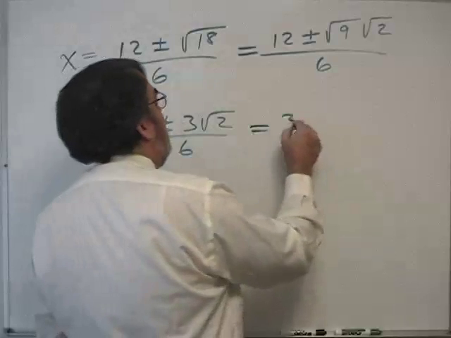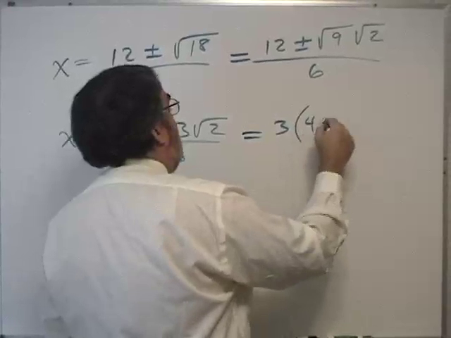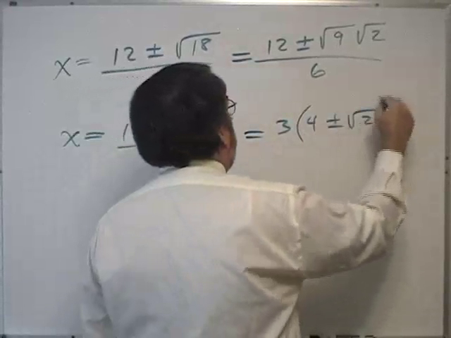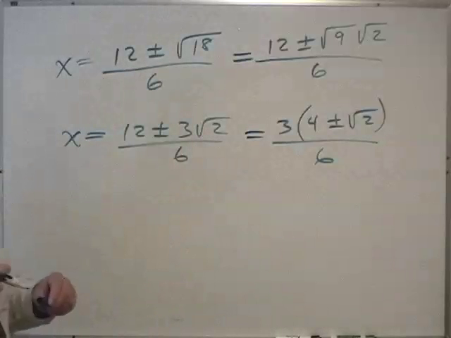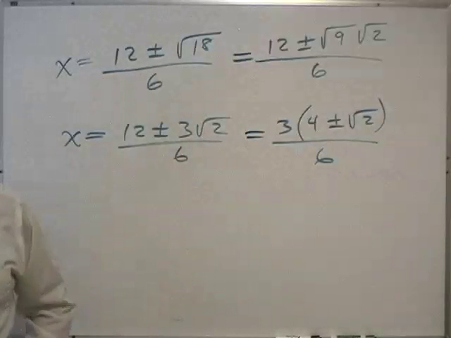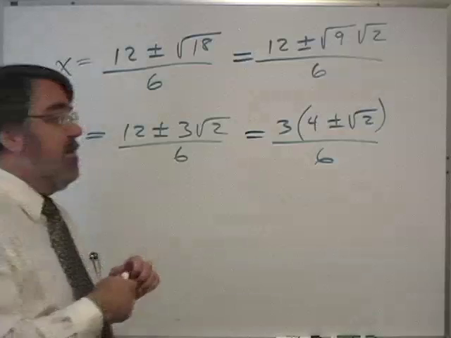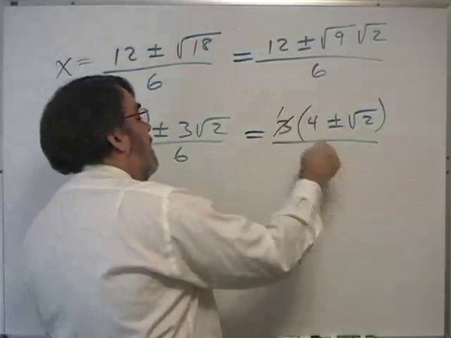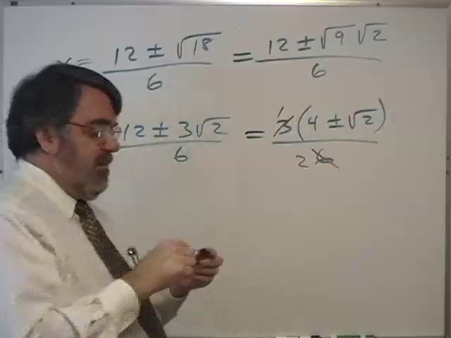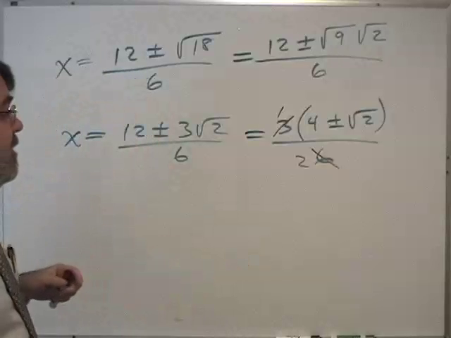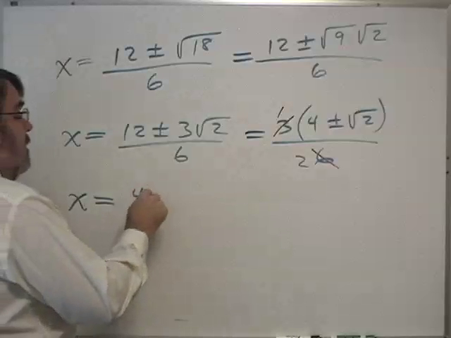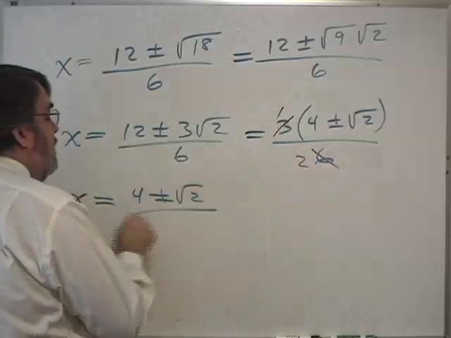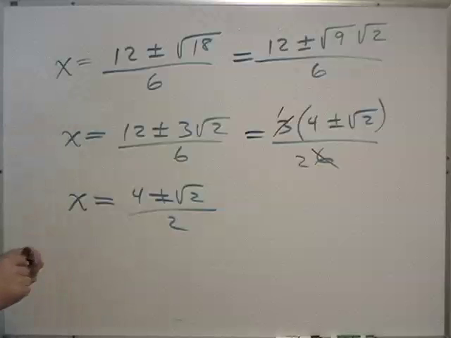This equals 3 times (4 plus or minus the square root of 2), over 6. So we factored the common factor of 3 out, and now you see that this factor of 3 cancels that factor of 6. And we end up with x equals 4 plus or minus the square root of 2, over 2.